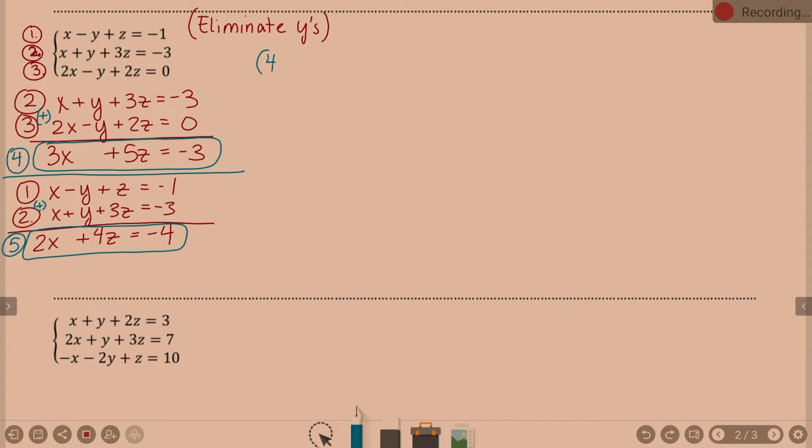Let me bring them over here and write them next to each other so you can see what we have. 3x plus 5z equals -3, and 2x plus 4z equals -4. Right? No magic there. Those are the two equations we just created. Okay, what do you think we're going to do? Do you see it? You know how to do this.